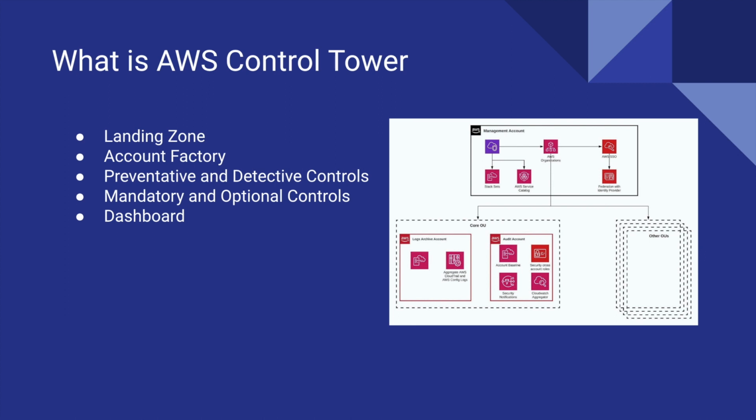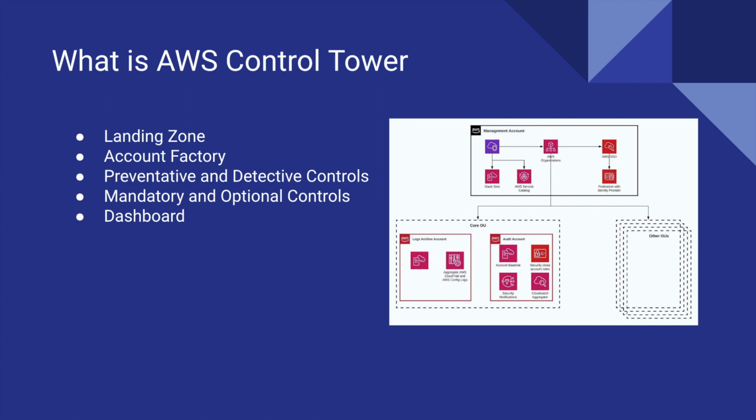So I guess on top of that, it also uses Account Factory. Account Factory allows you to easily deploy new accounts and then have them brought under the governance of Control Tower. It uses StackSets and AWS Service Catalog to do that. You can then also put in controls. They used to be called guardrails, but the controls are made up of preventative or detective guardrails.